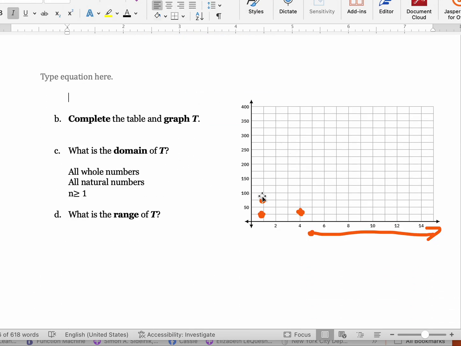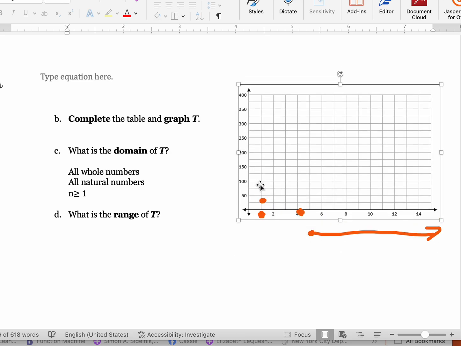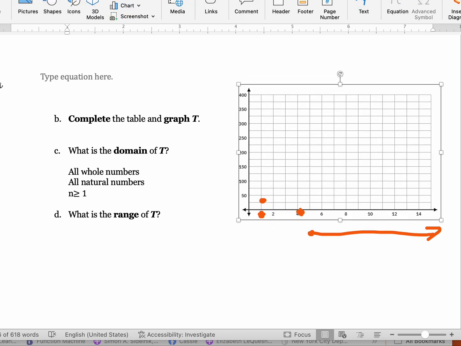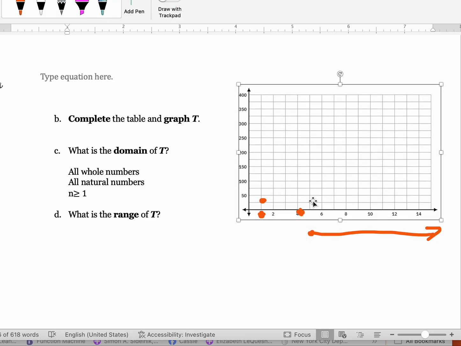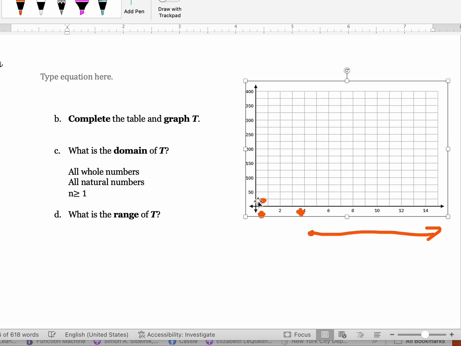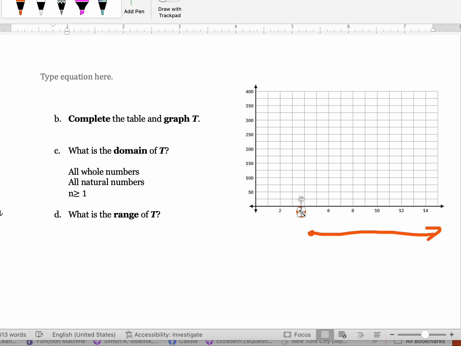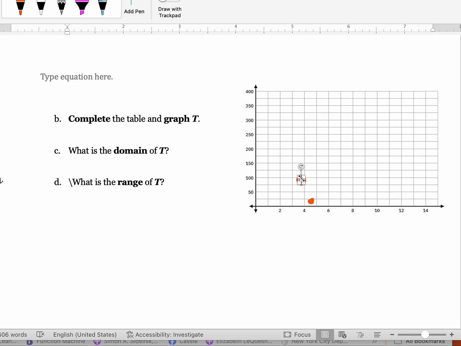This is all wrong from something else, so let me erase this if I can. Okay, let's complete the graph.